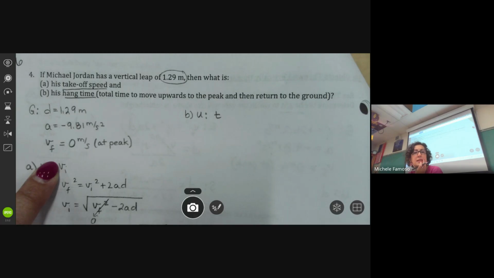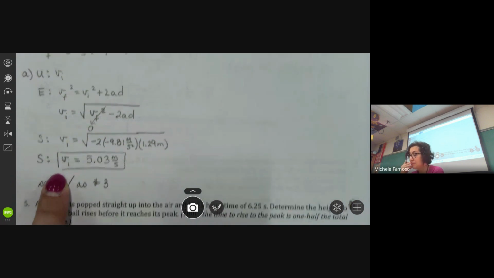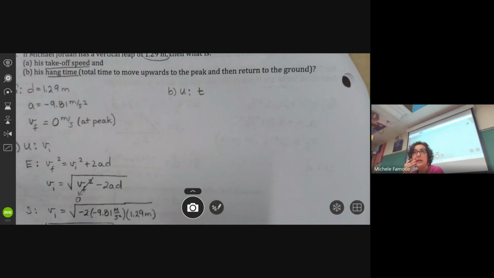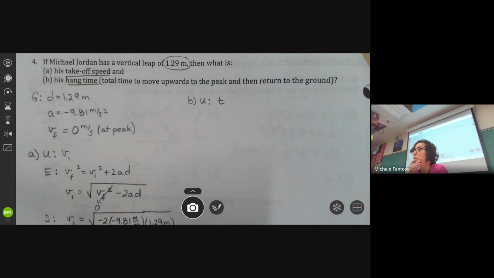What equation has a D, an A, a VF, and a T? No, but okay, because we don't have one, you have to use your answer from part A to help you. There's no other way. Okay? You can use the VI in part A to also help you get the T.